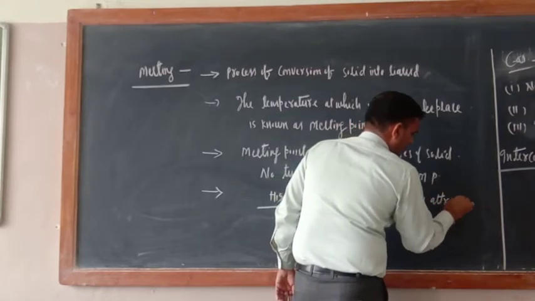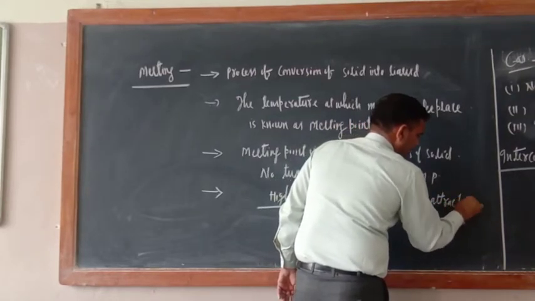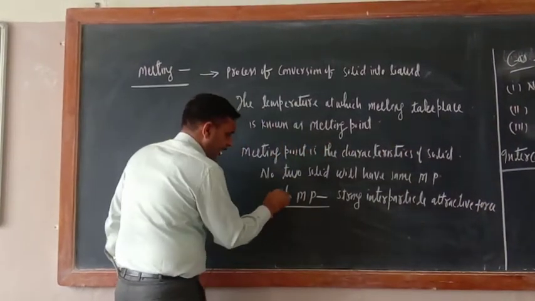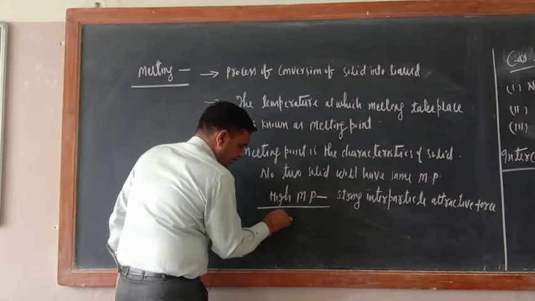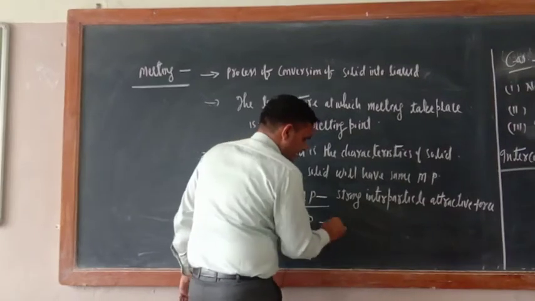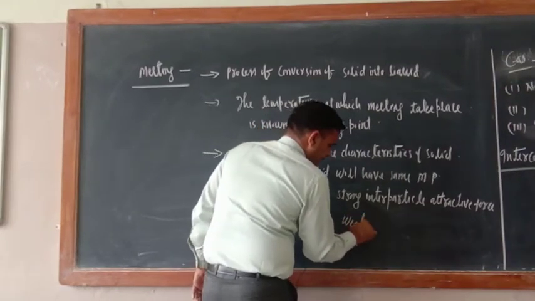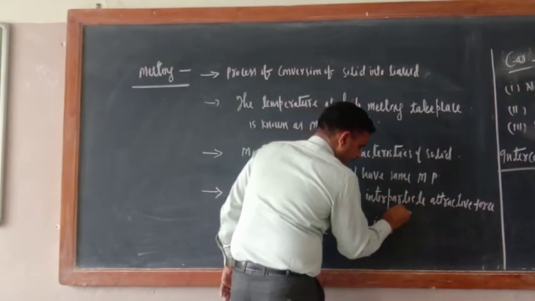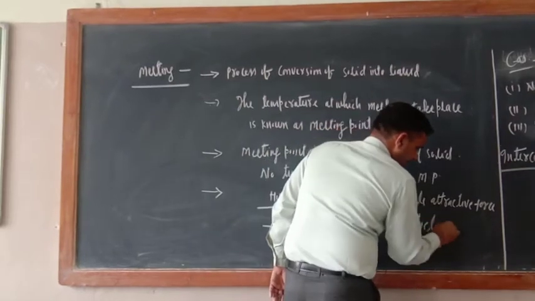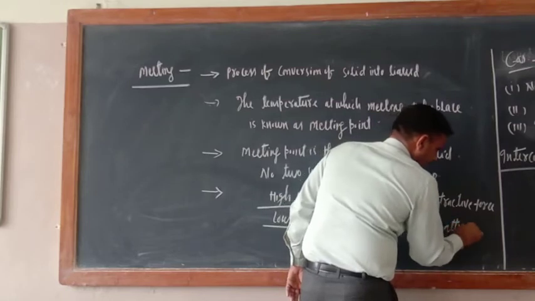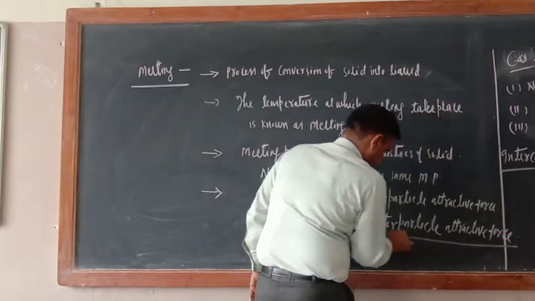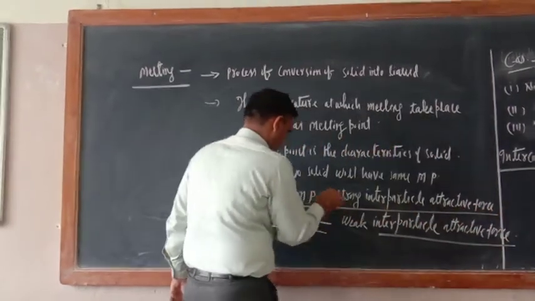And here what is there? High melting point. Here what is there? Low melting point. Low melting point means weak interparticle attractive force.